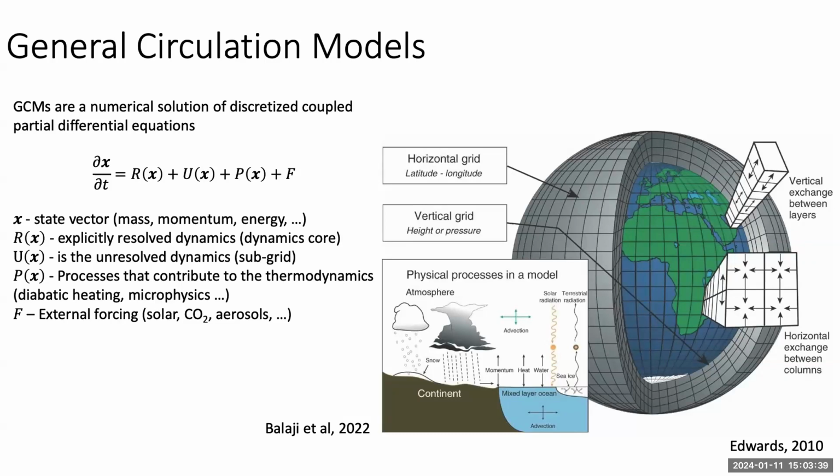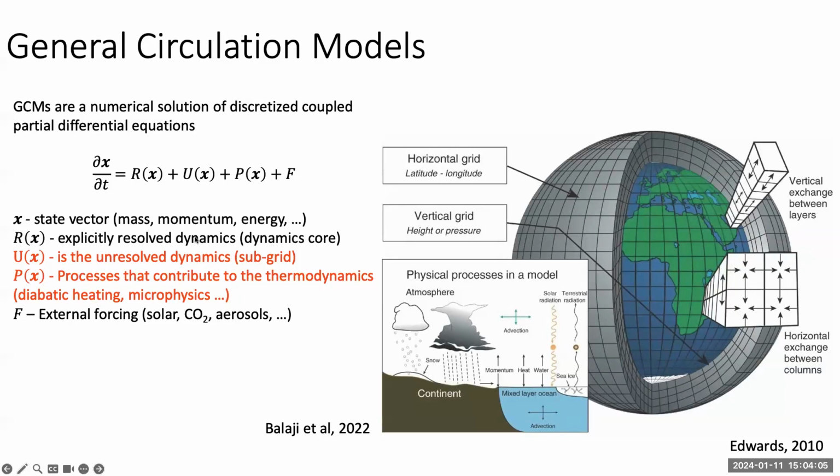When we are talking about general circulation models, the most problematic things, the ones we are uncertain about and that result in biases in the models, are the unresolved dynamics and the physical processes. Those two terms are what we usually call the physics of the model.